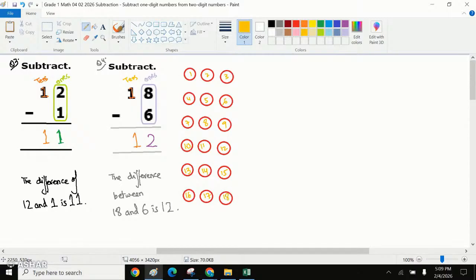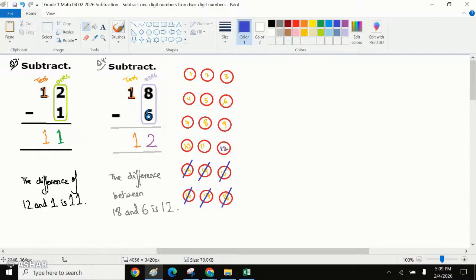So we know that the total circles were 18. Out of the 18, we had to subtract 6. So if we are subtracting 6, we remove 6 from the largest number: 1, 2, 3, 4, 5, and 6. So we remove 6. So what is the largest number that we have left?